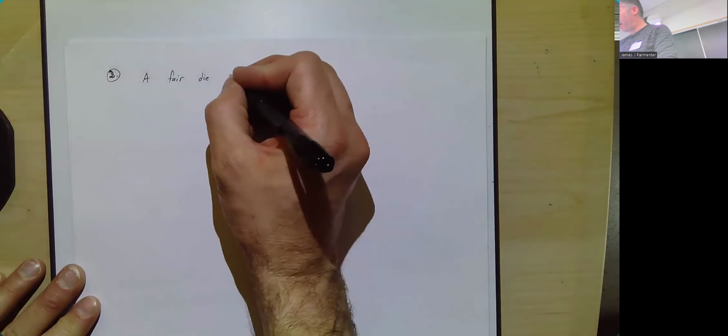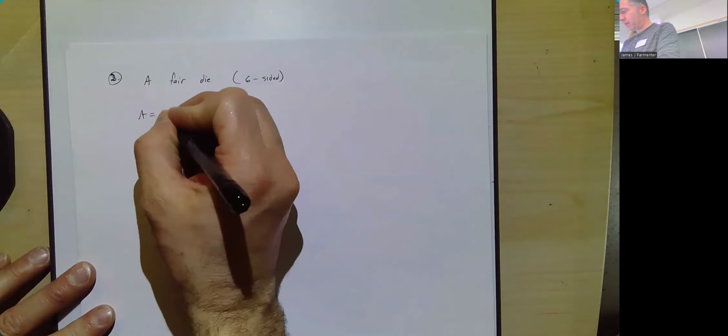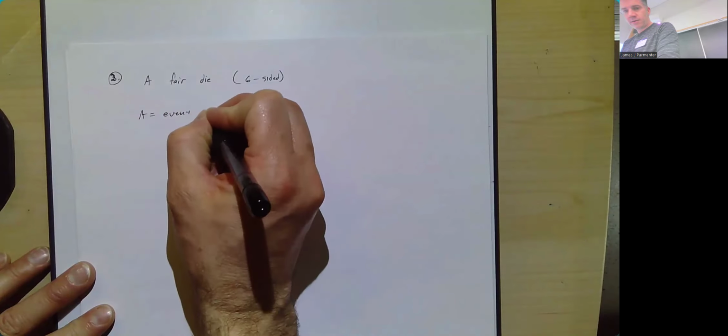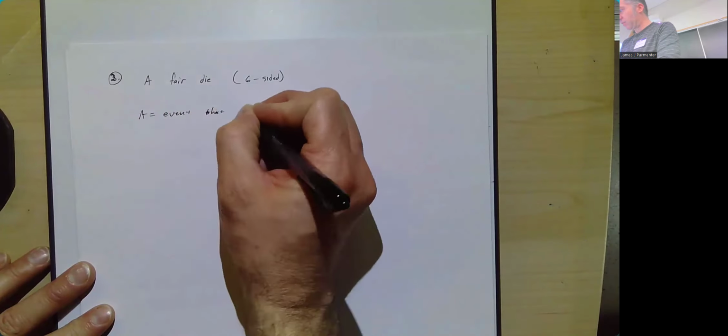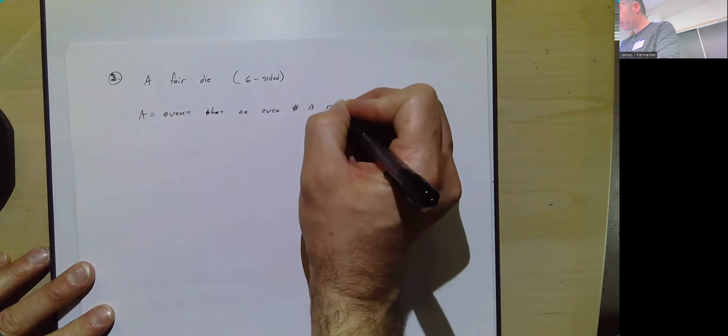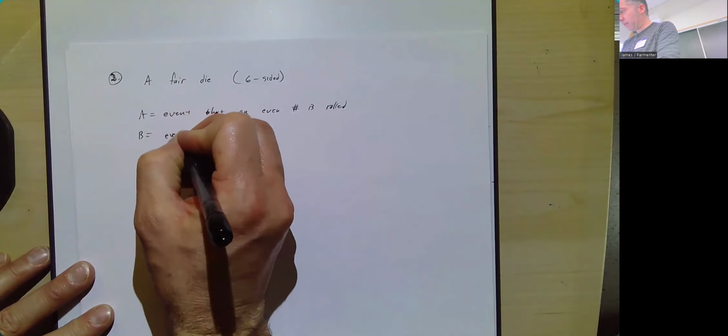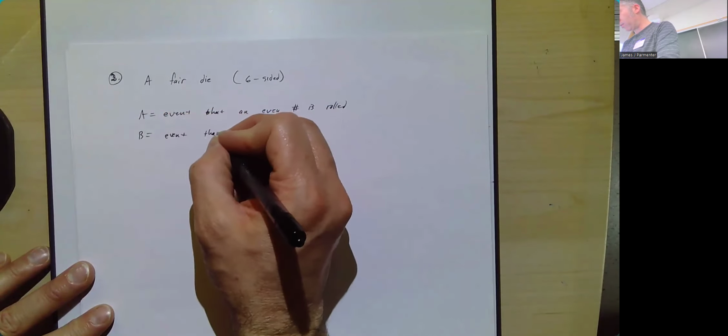A fair die, it's 6-sided. And let's say that A is the event that an even number is rolled. And B is the event that a multiple of 3 is rolled.